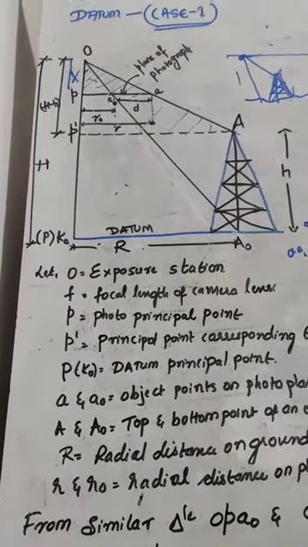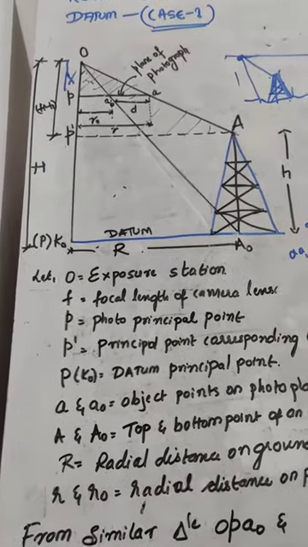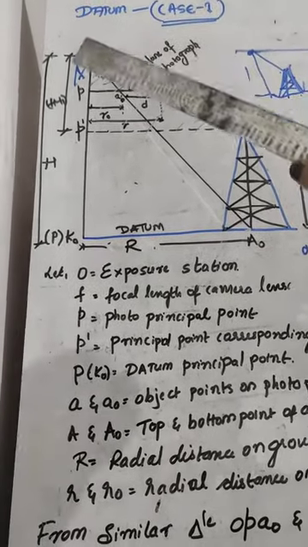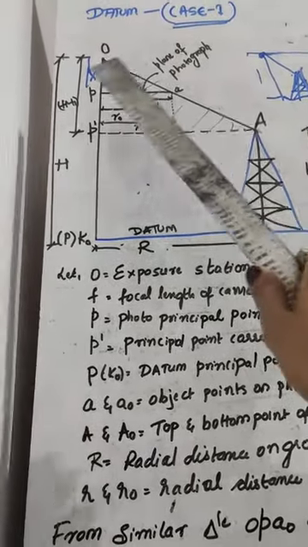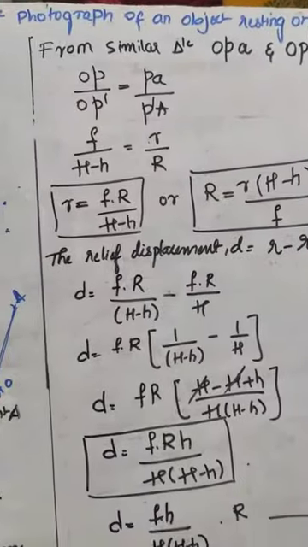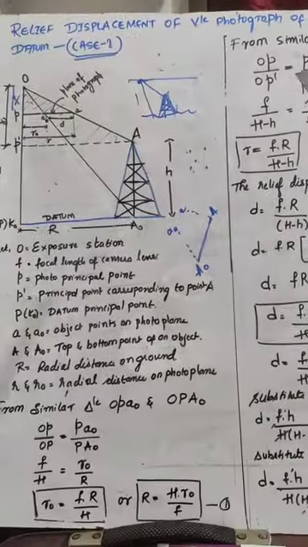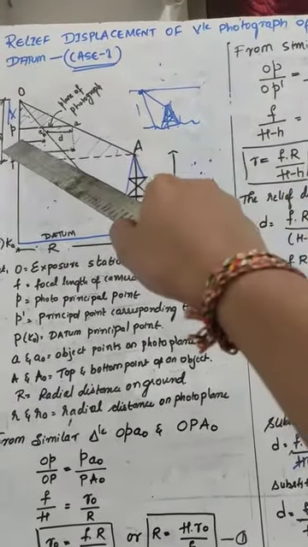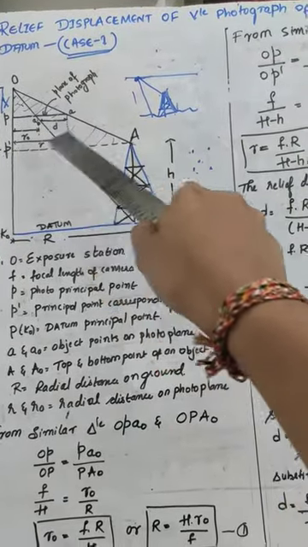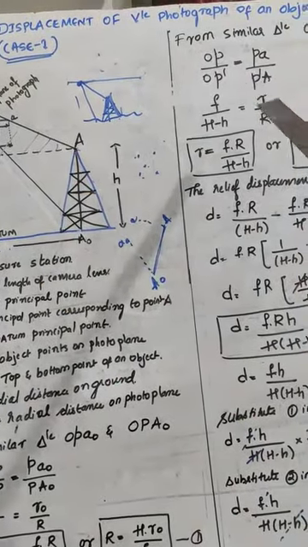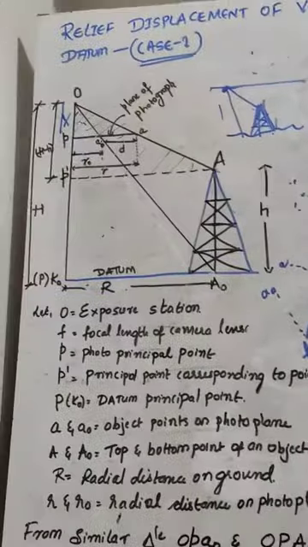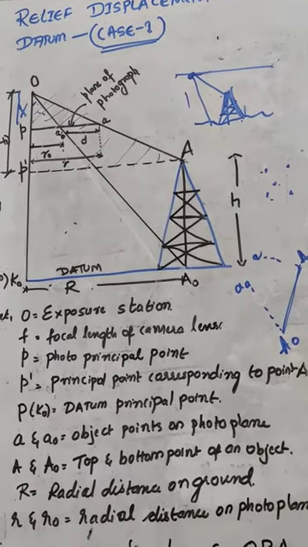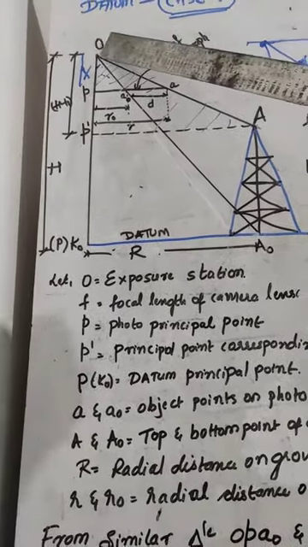Okay, so from here also, if we take the similar angle triangle, that becomes OP by OP dash, then P small a by P dash capital A. So from here also OP is nothing but F. But what is this OP dash?